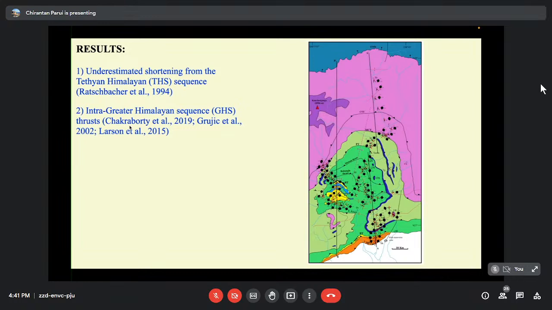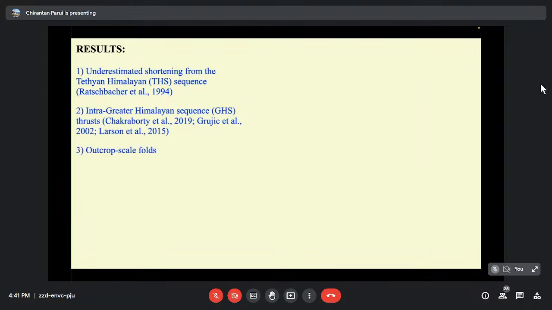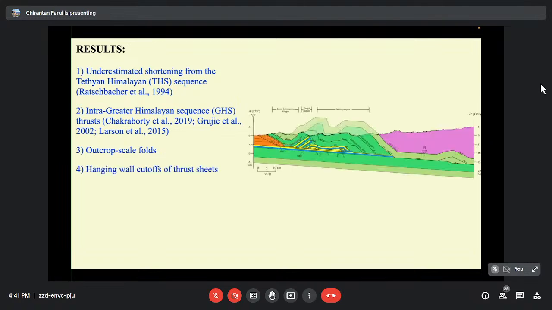So incorporation of these structures into the balanced cross section will increase the shortening coming from the GHS. There are also outcrop scale folds which might be recording a lot of this Himalayan shortening, which is unaccounted for. So that could be one explanation.